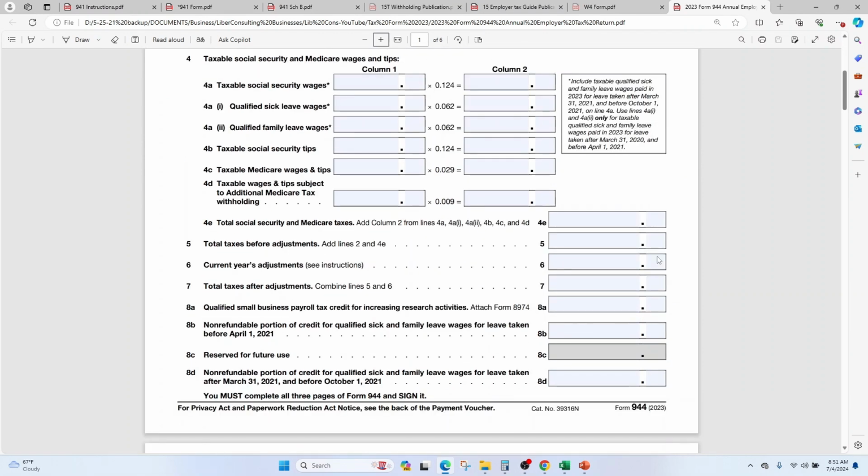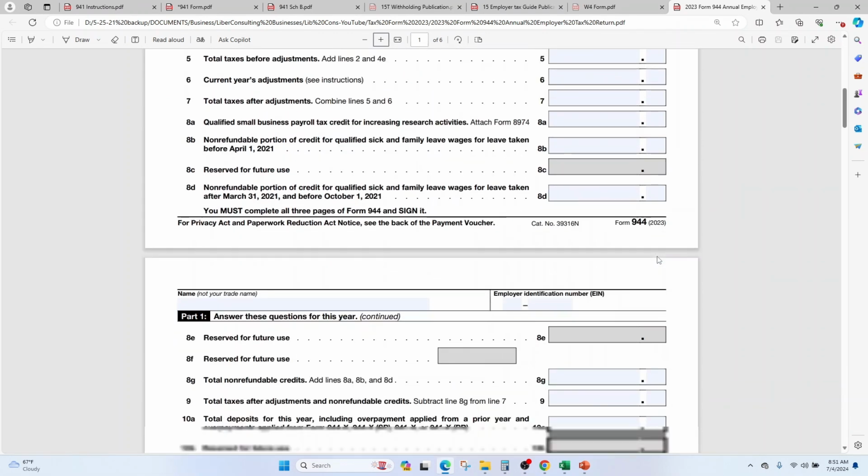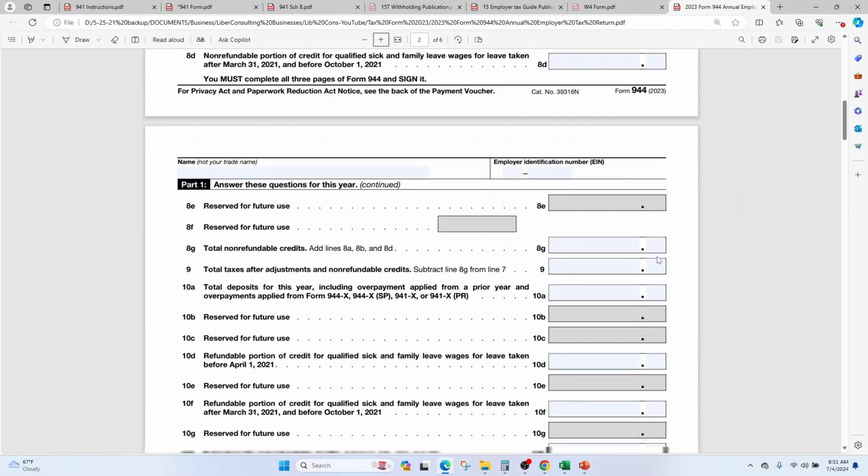We look for the total tax after adjustment, and that will be line 9. Total tax after adjustment and non-refundable credit. So you look at Form 944 2022, line 9.